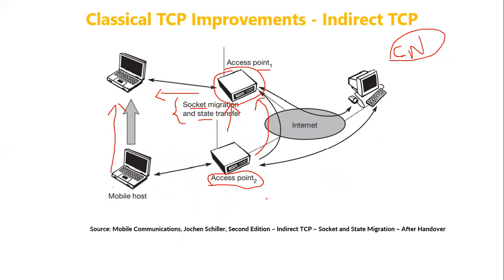Another advantage is due to strict partitioning into two connections, that is, the connection between the wired part and the wireless part. Transmission errors on the wireless link, such as packet loss, if there is any error in the wireless link, will not be propagated into the fixed network.